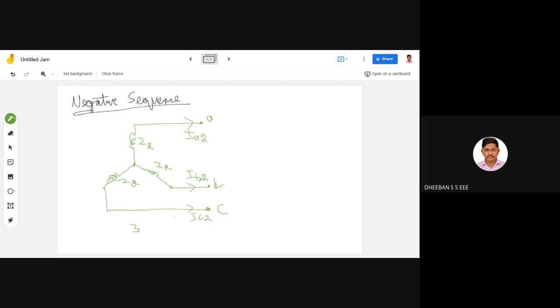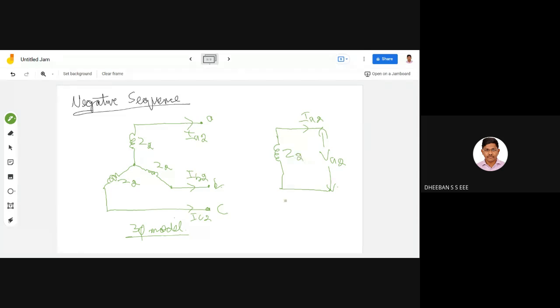So this is your three-phase model. In case of your single-phase model, it is the same thing, except you won't have the source. So this will be your IA2, this is the voltage VA2, and over here it will be Z2.